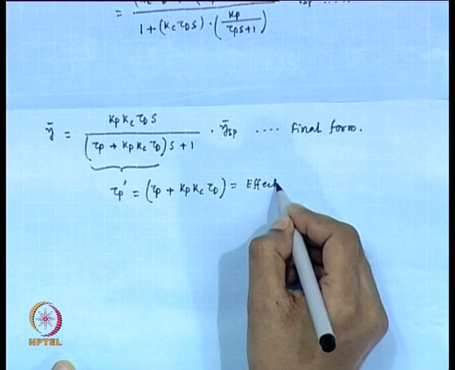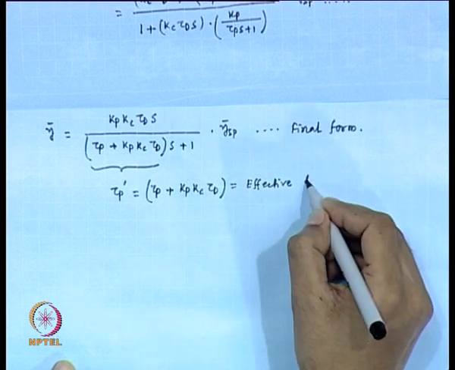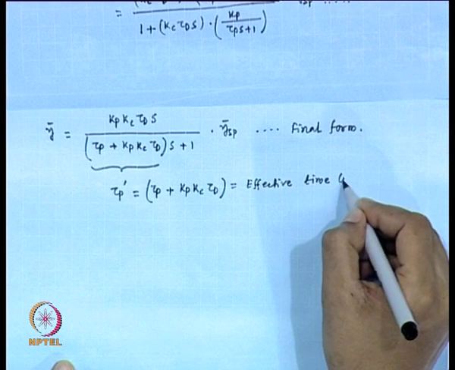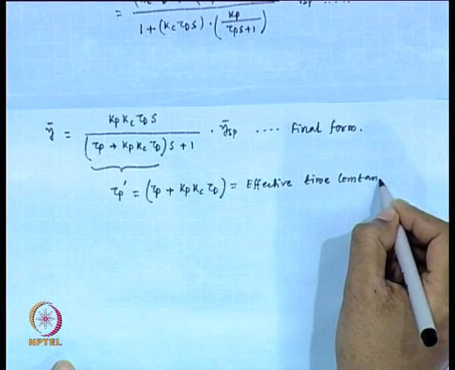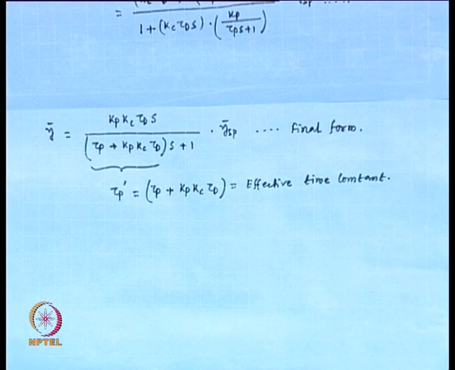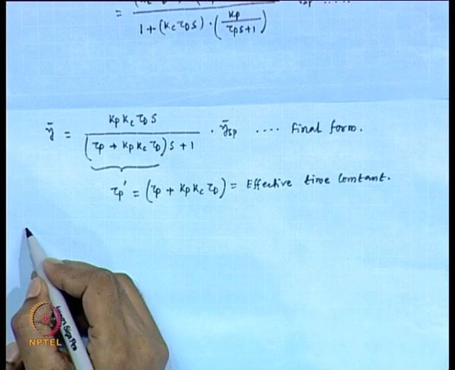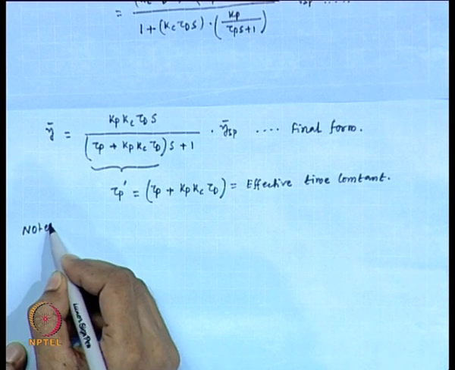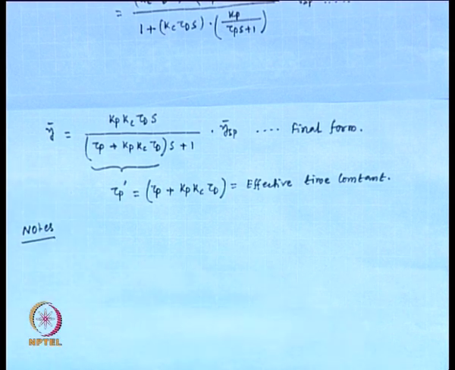We can call this time constant the effective time constant. Fine. So, which one is larger, tau p or tau p prime? Tau p prime. Now, we will note down a few important points. Due to the inclusion of derivative action, is there any change of order?